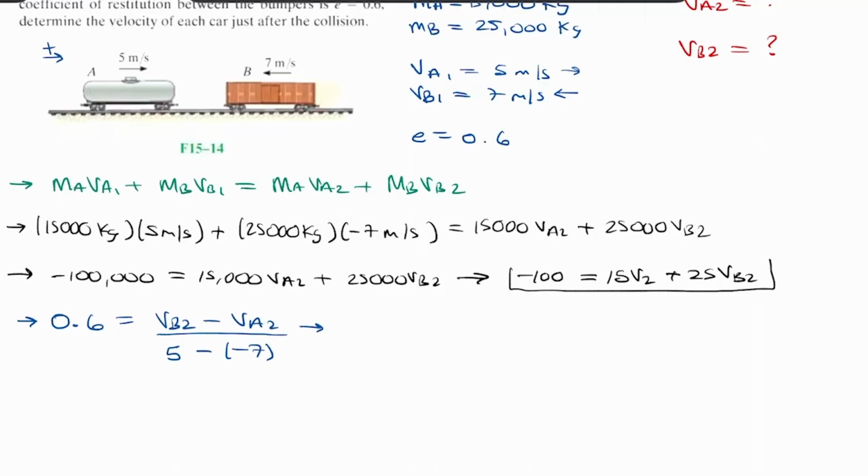So rearranging, that's 5 plus 7, that's 12. And 12 times 0.6, so 0.6 equals VB2 minus VA2 over 12. If you rearrange, you're going to obtain 7.2 equals VB2 minus VA2.